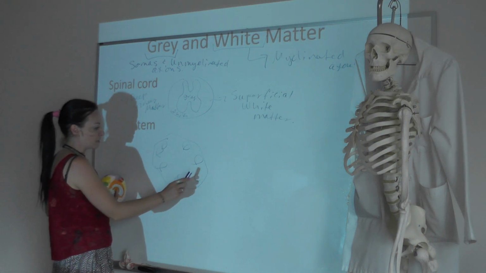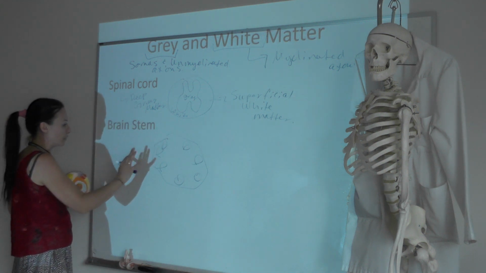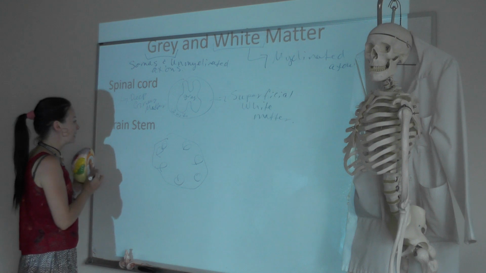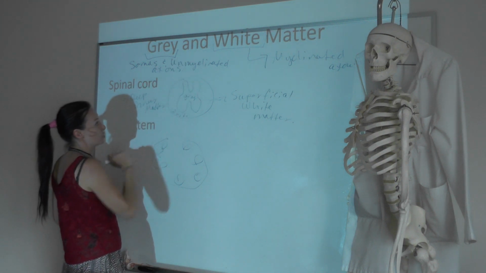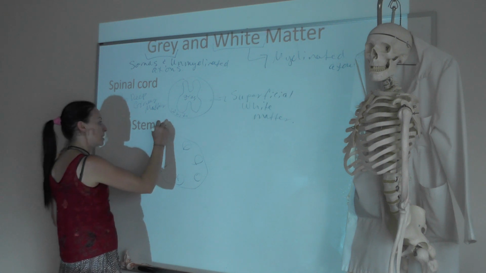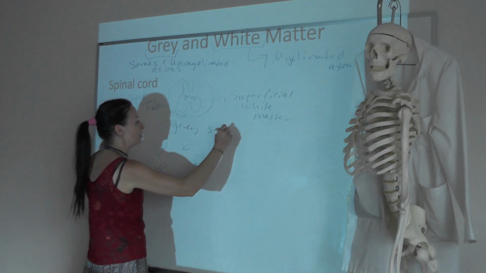In the central nervous system, you find these little bits of gray matter scattered throughout the brainstem, these little nuclei and white matter throughout it. So for the distribution of gray and white matter in the brainstem, we've got gray scattered throughout the white.